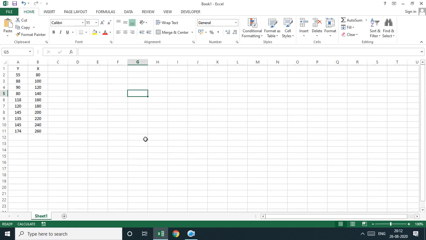Today I am going to show you how we can do the regression analysis using Excel manually, that means without using any data analysis toolpack.